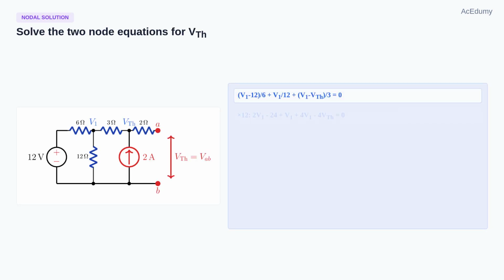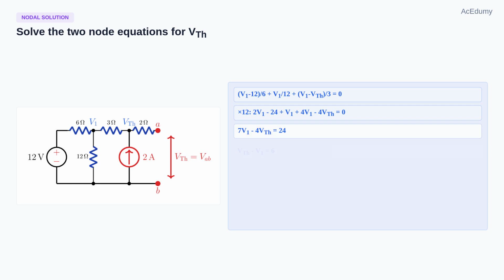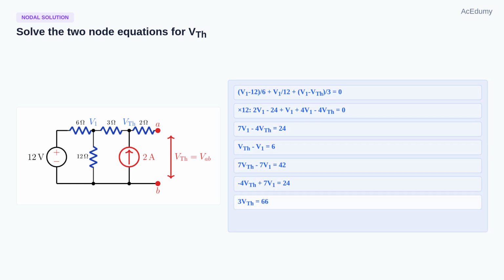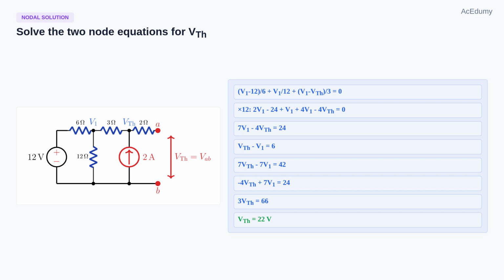Now write KCL at V1. Current through 6 ohms is V1 minus 12 over 6. Current through 12 ohms is V1 over 12. Current through 3 ohms is V1 minus Vthevenin over 3. Add them and set the sum to 0. Multiply the whole equation by 12 to clear denominators.